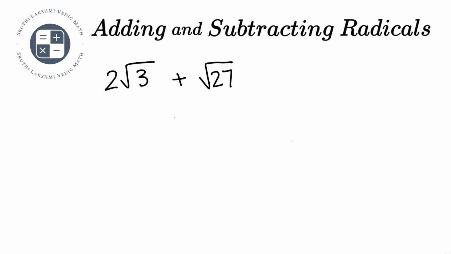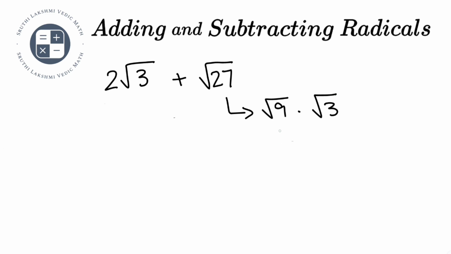Now let's look at this example. 2 root 3 plus root 27. Now, the numbers underneath the root sign are not the same. However, we can simplify root 27. So let's go ahead and do that. First, let's factor this out. Root 27 can be written as root 9 times root 3.